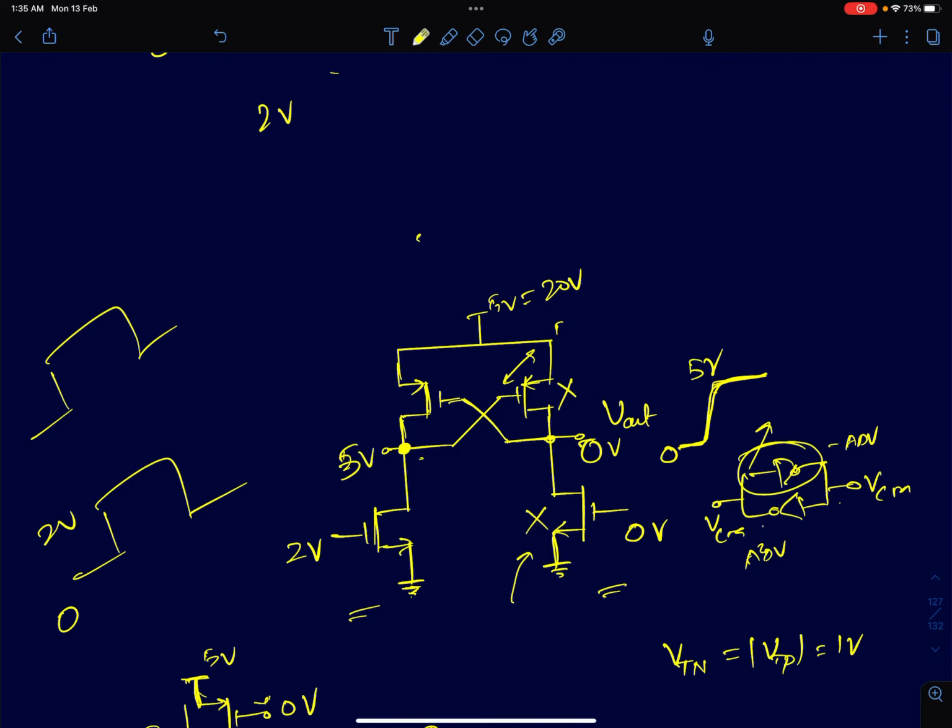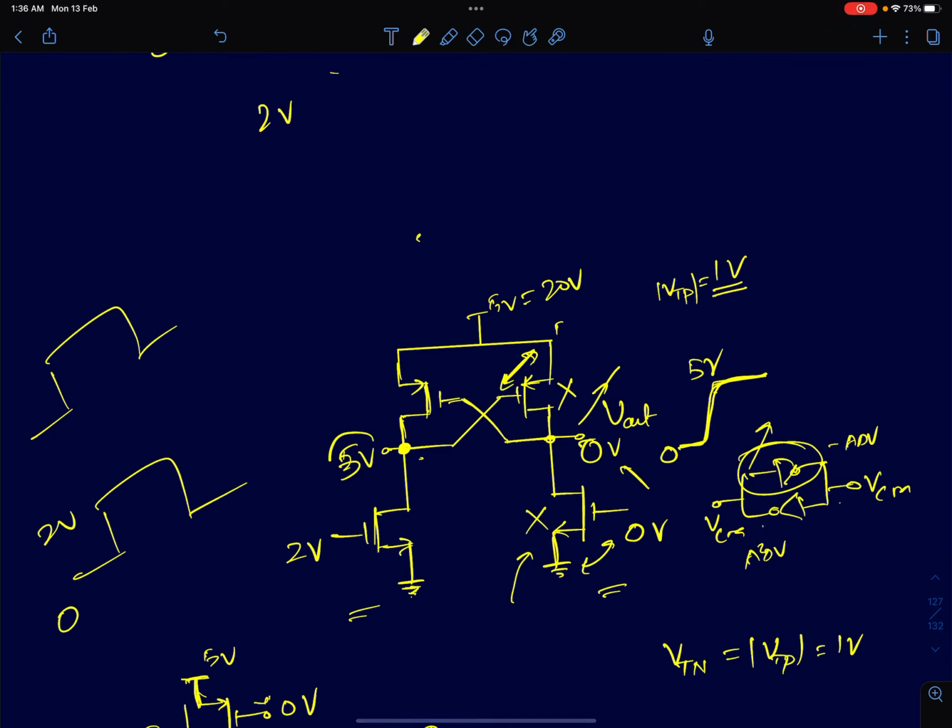So they won't conduct, and this output 0 is going to remain constant as of now. When will it change? Input is fixed, so NMOS can't do anything. This node has to be charged, so all the current has to come from PMOS. So when the VSG of the PMOS becomes greater than mod VTP, let's assume mod VTP is 1 volt.